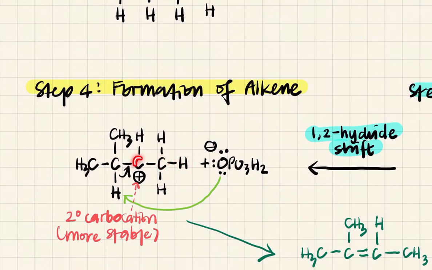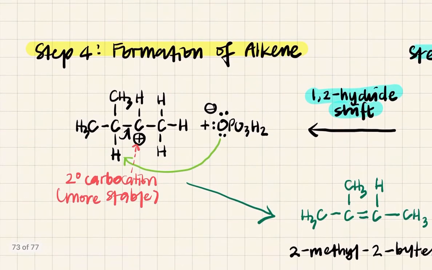So this carbon lost its hydrogen, so now the plus charge is on this carbon. So the carbocation ion that we have now is a secondary carbocation ion. So secondary carbocation ion is much more stable than primary carbocation ion. So we have a much more stable molecule lah sekarang.